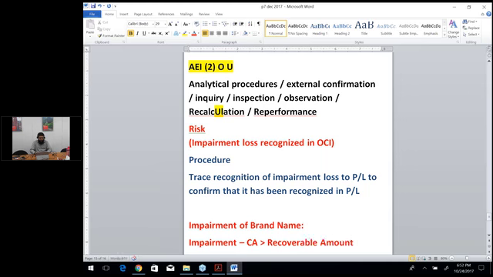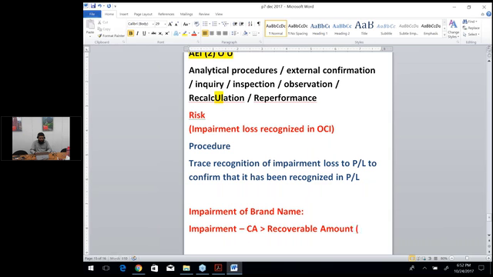And the recoverable amount is the higher of fair value less cost to sell and value in use.